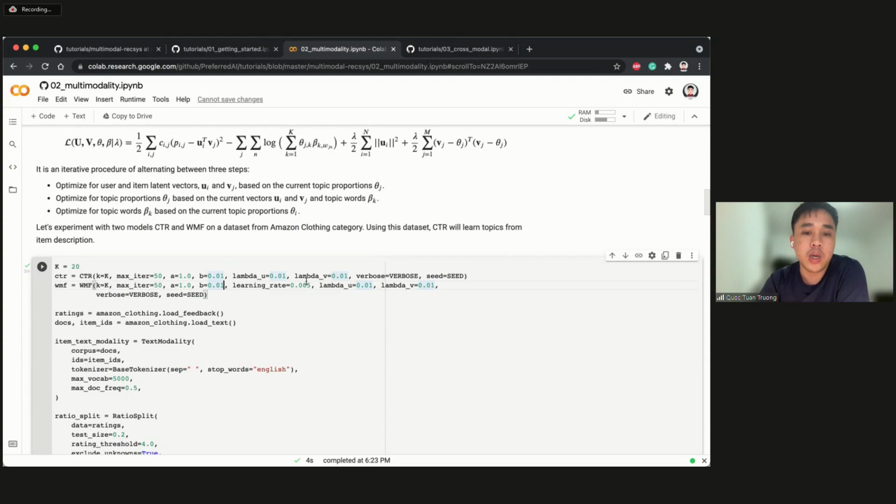We have a learning rate, and there are lambda u and lambda v, which are the hyperparameters of the regularization part. Lambda u is for the user latent vectors, and lambda v is for the item latent vectors. But in this case, it is to enforce the closeness between the item latent vectors and the topic distribution of each of the items. So those are the important hyperparameters of the CTR model and also the WMF model.